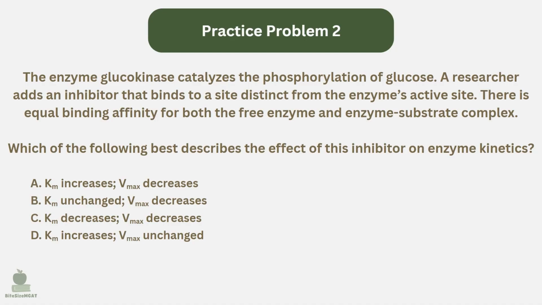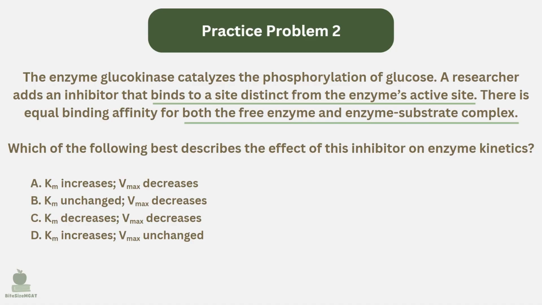Okay, now note what we are given in the question. First, the inhibitor binds to a site distinct from the enzyme's active site, meaning it is some sort of allosteric site, not the competitive site. So therefore, this can't be competitive inhibition. We are also told that this binds equally to both the free enzyme and enzyme substrate complex.